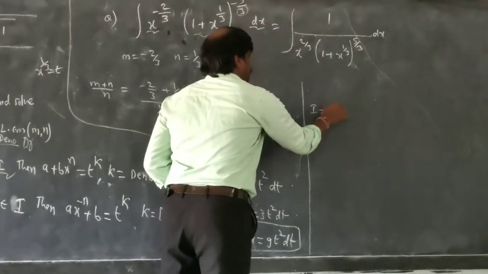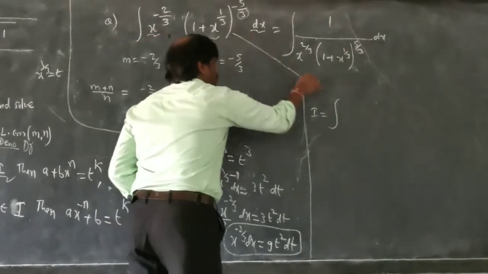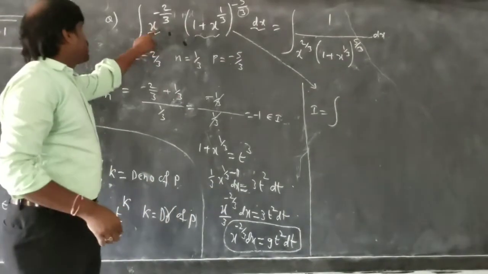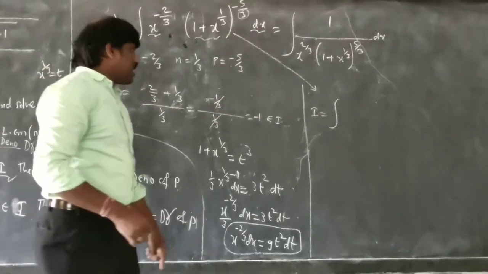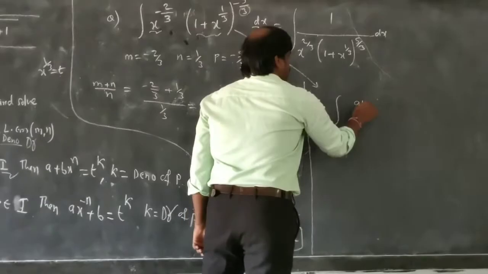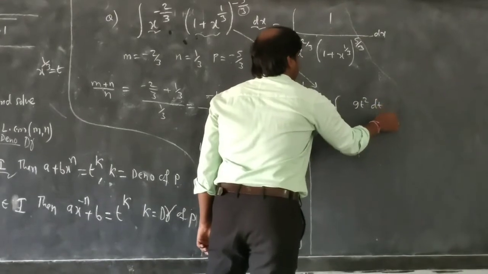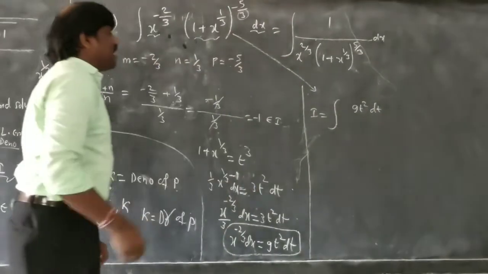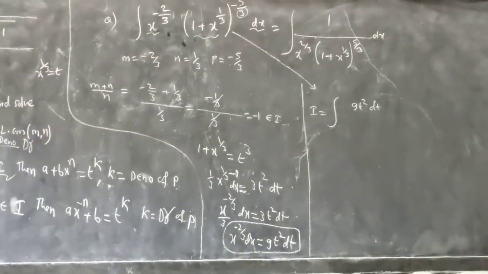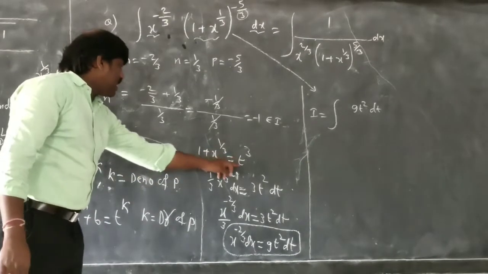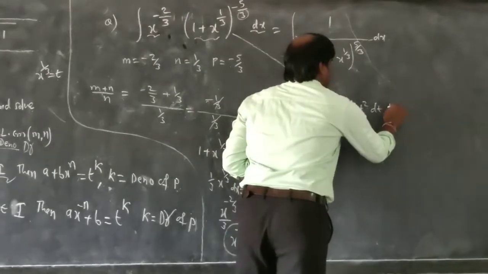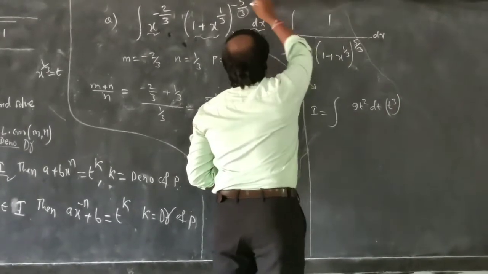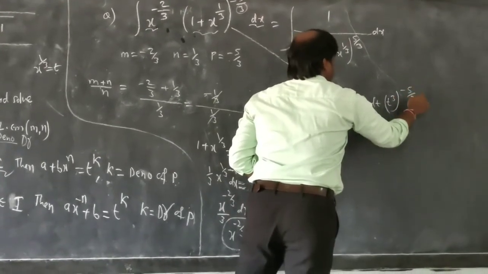I is equal to the integration of x power minus 2 by 3 dx, which I can write as 9t square dt. And 1 plus x power 1 by 3 I can write as t cube, to the power of minus 5 by 3.